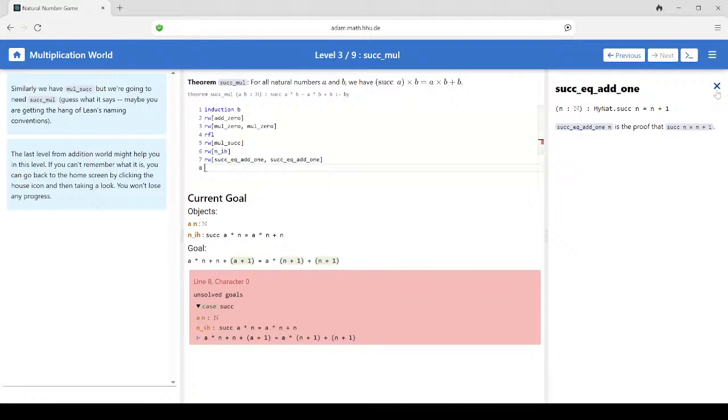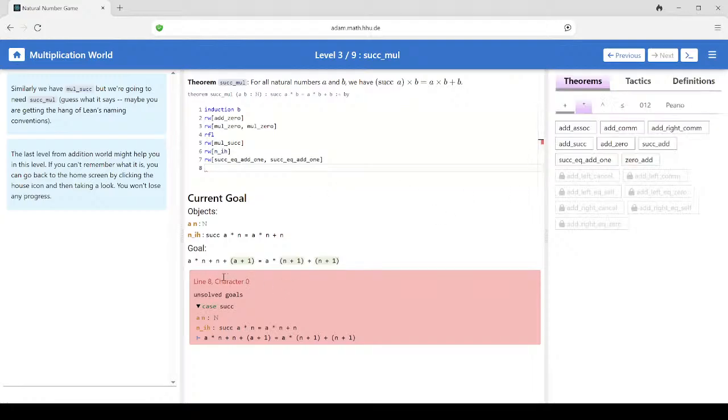What else can I do? A times N plus A+1. I'm pretty lost at this point.